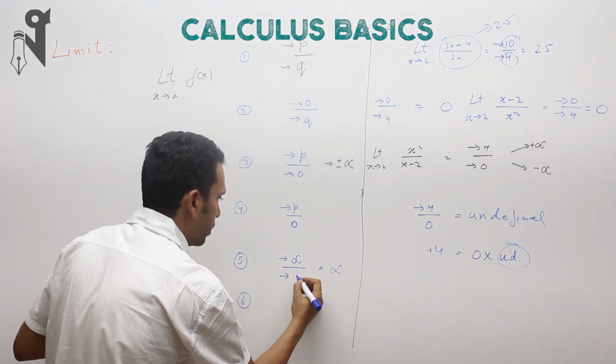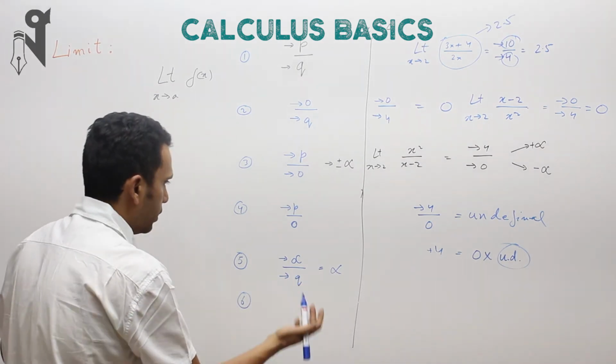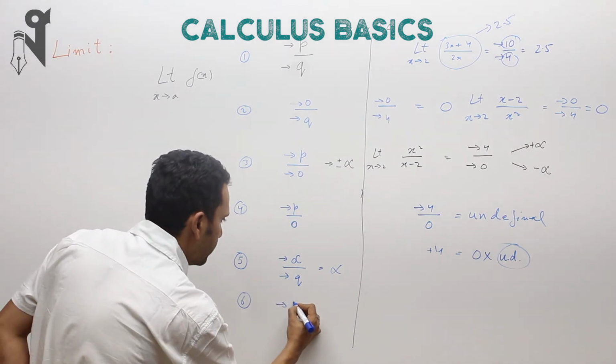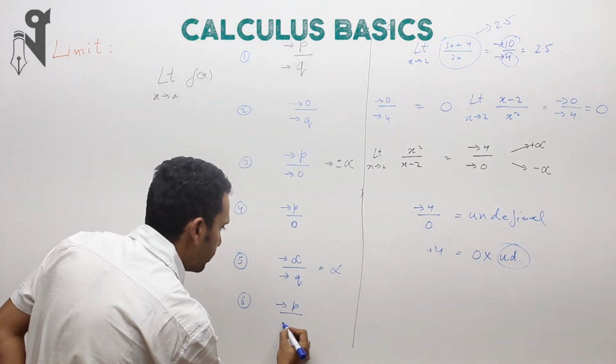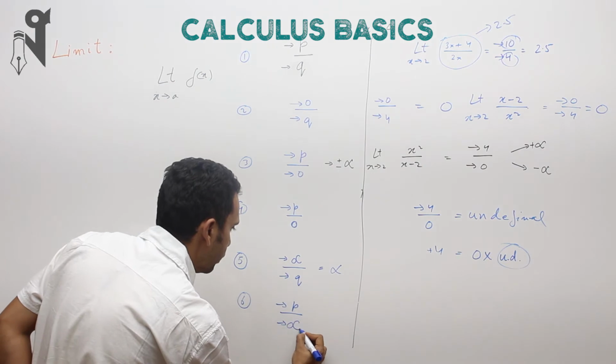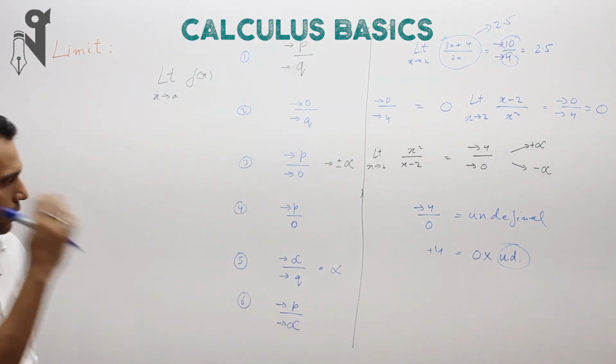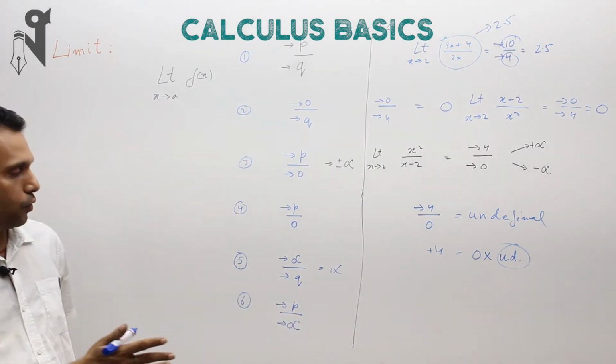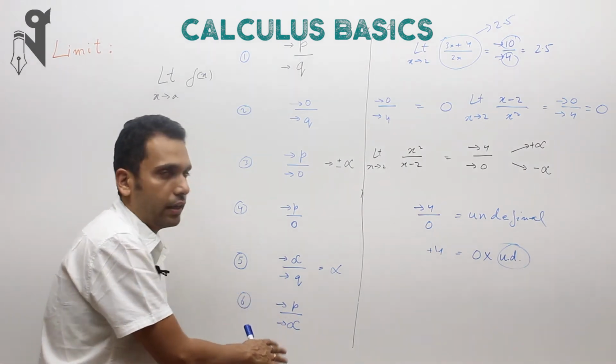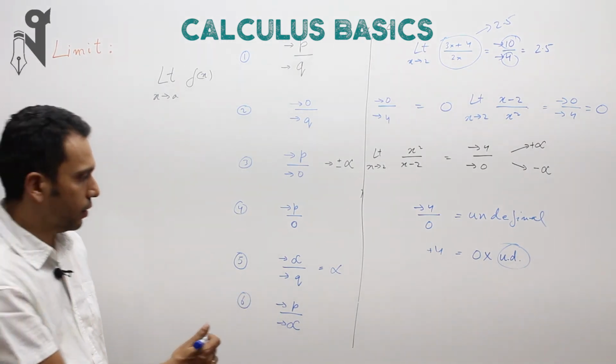So I've been using q for the denominator, so I'll continue with that. So what will this be? Tending to infinity at the bottom, what will this be? A normal number like a 4 or a minus 4 on top and a large number like infinity at the bottom, what will it be?